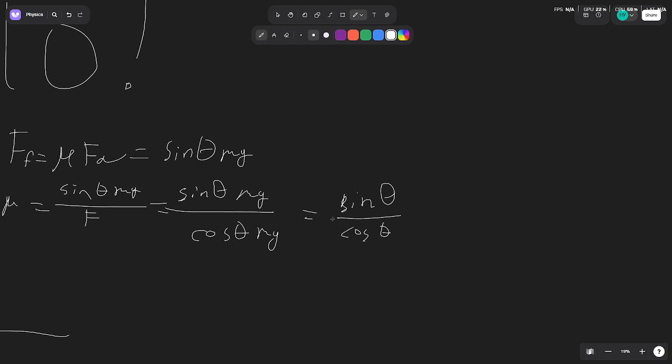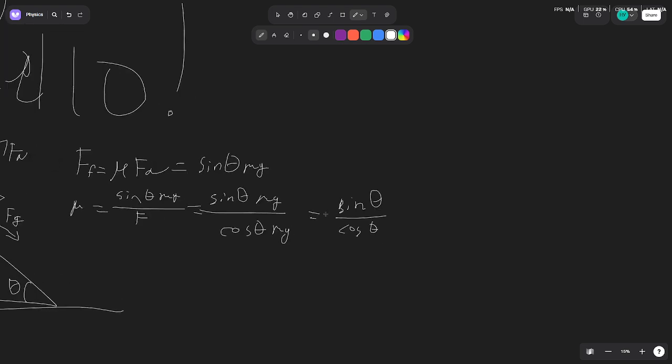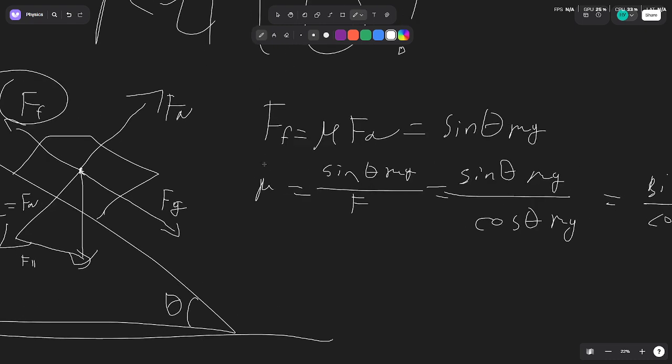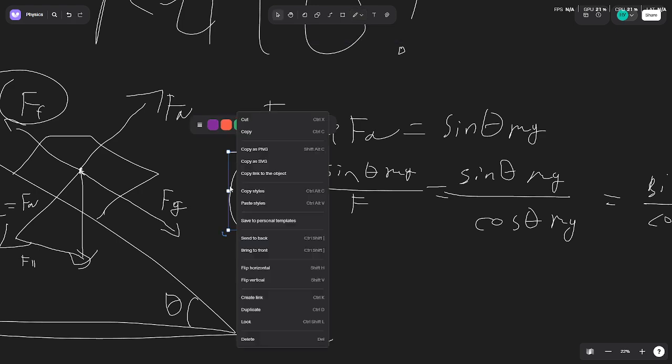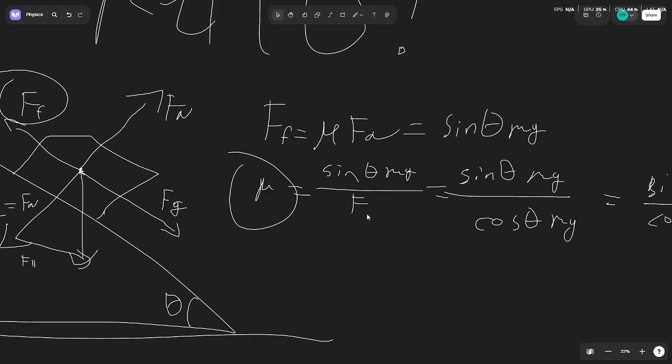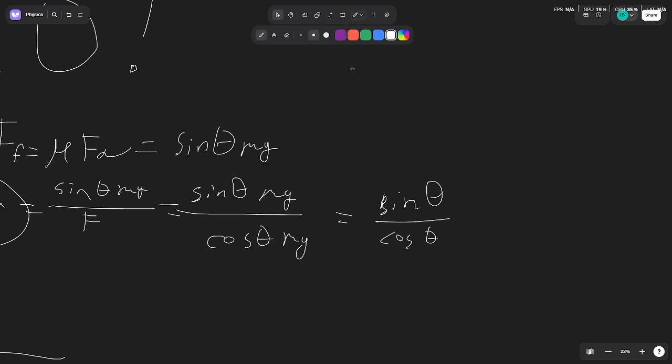And the number will be really, really small, because usually mu is not more than 1. It's always around 0.3, 0.4. It's a usual thing. So don't be scared if you get something like 0.3312. It's not a problem. It's all right.